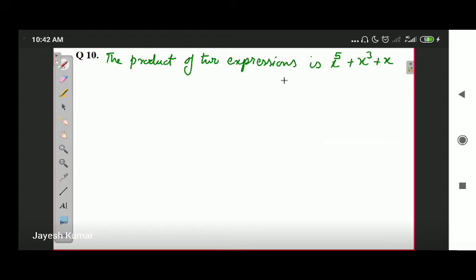If one of them is x square plus x plus 1, then find the other.